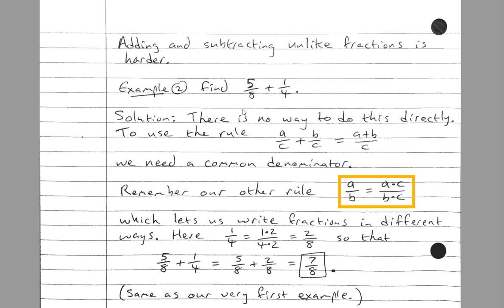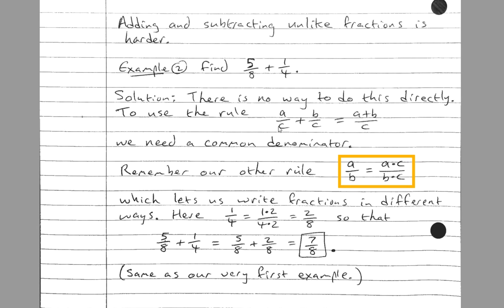Now the bad news is there's no way to add these directly. We need a common denominator. Really the only way to add two fractions is if the denominator is the same. We have different denominators, so how can we fix that?